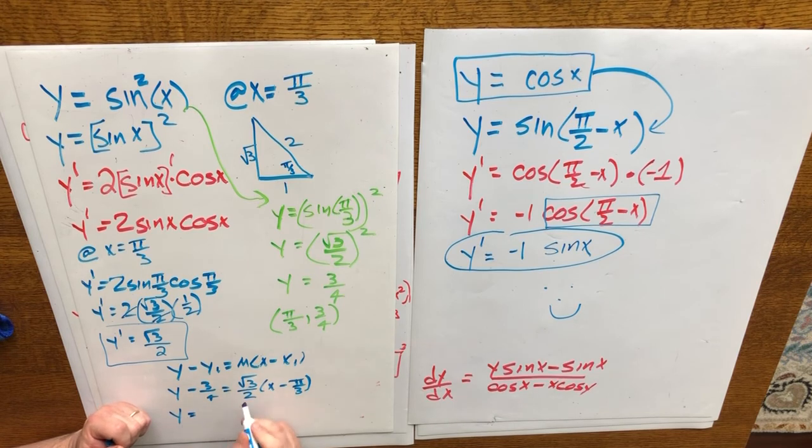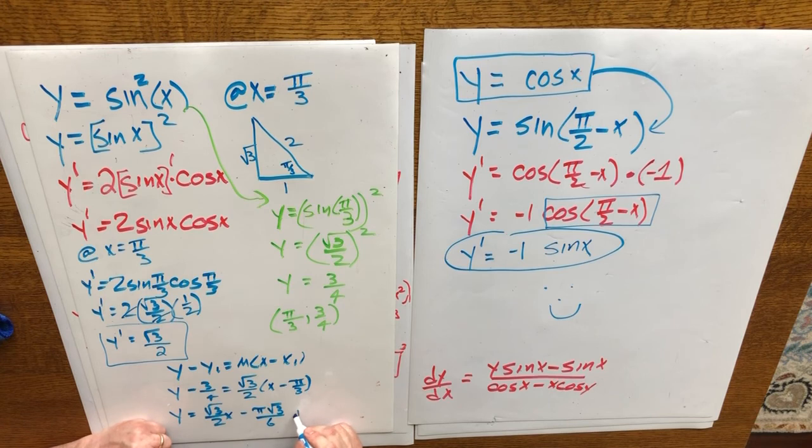Y equals, distribute that in, you get root 3 over 2 x. Multiply these together, you get minus pi times root 3 over 6. And transpose this over and you get positive 3/4. And that's how we want to leave it, as an exact value.